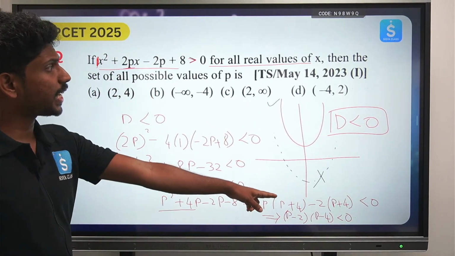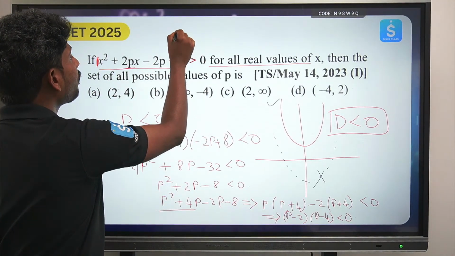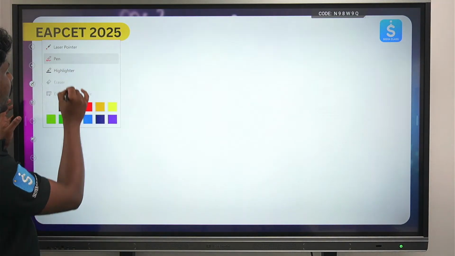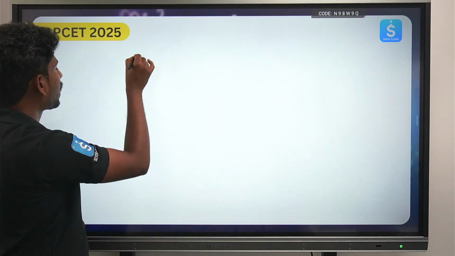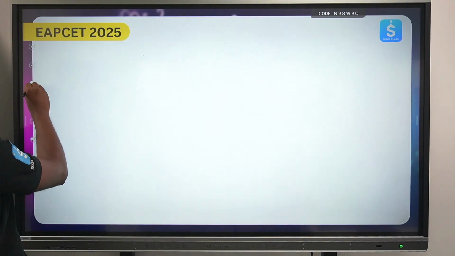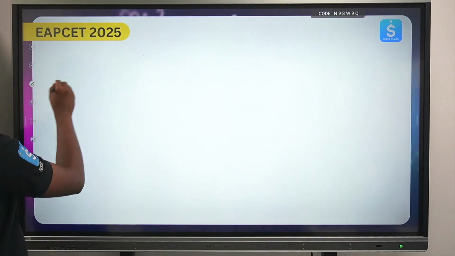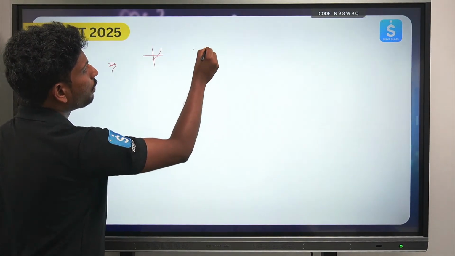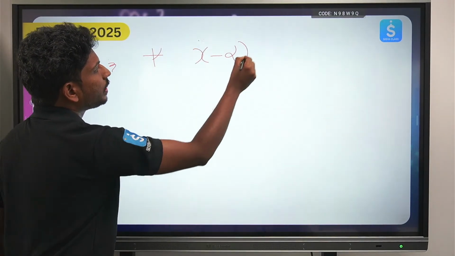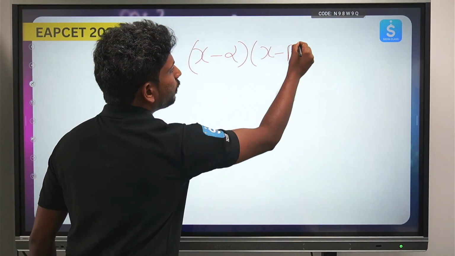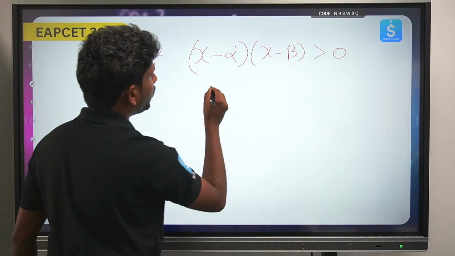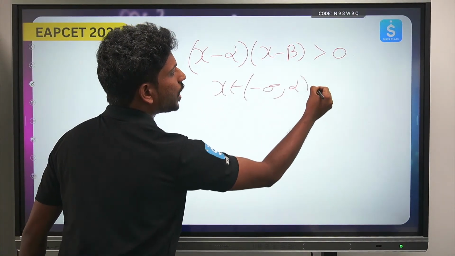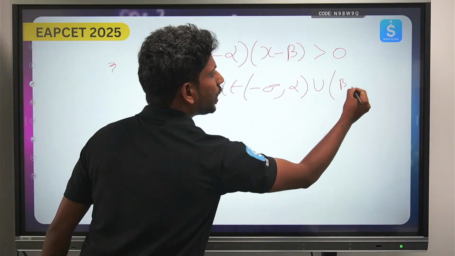Now, in the case I mentioned earlier, whenever you have a star mark, this is every single time. Okay, this is the last time I'm trying to write down. Please write this down once. So whenever you have (x minus alpha) into (x minus beta), if this is greater than 0, please write down x belongs to minus infinity comma alpha union beta comma infinity.